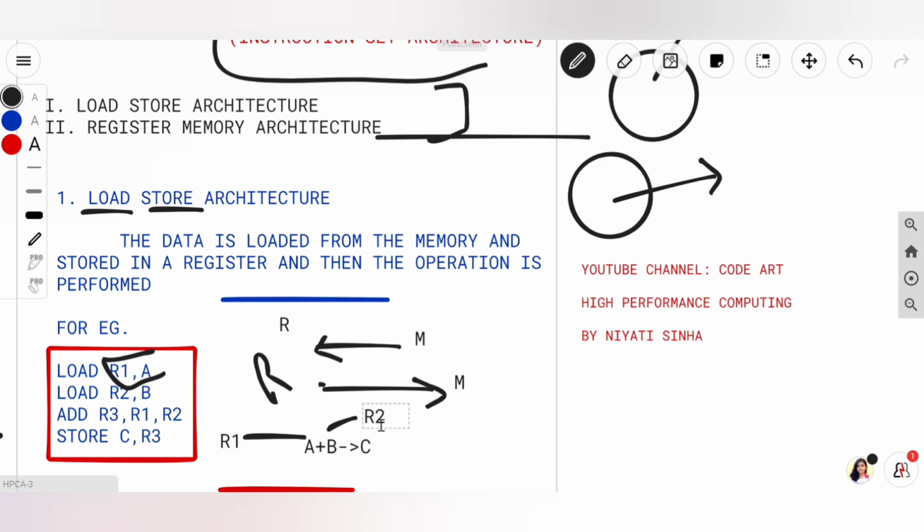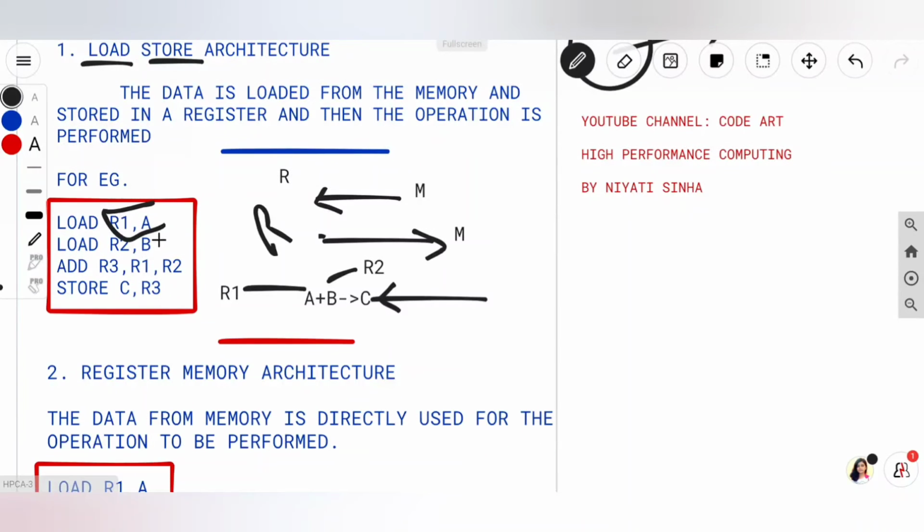Now I'll perform the addition and store it in another register, and then I'll store the value of that register into the memory location C.